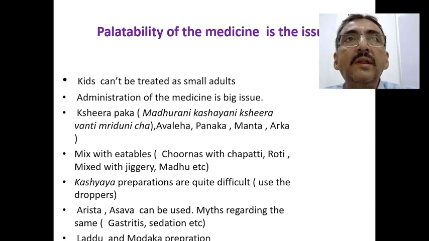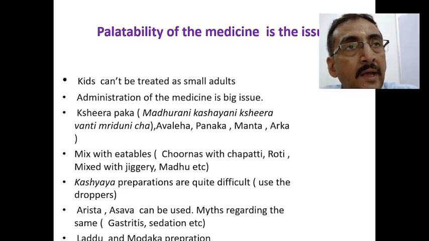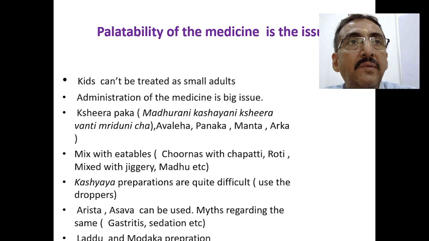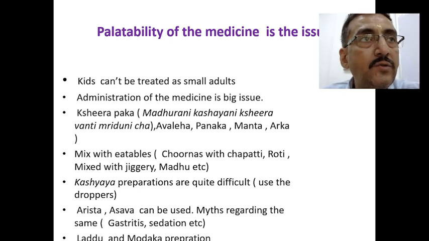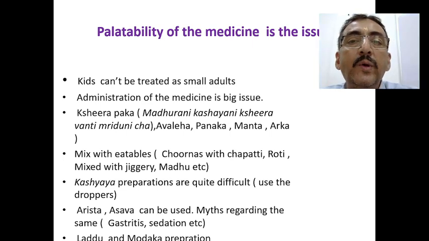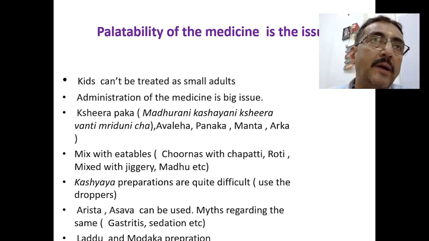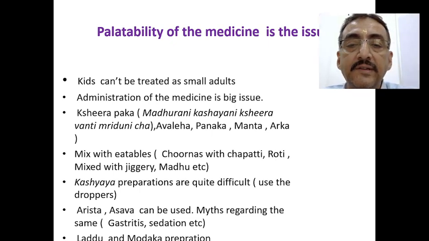Usually children like milk, so milk should be used as medium. That being the case, one of the preparations mentioned in Ayurveda is Kshirapaka. So we can administer a lot of medication to the children, which they are reluctant to take, in the form of Kshirapaka. That we will discuss later.